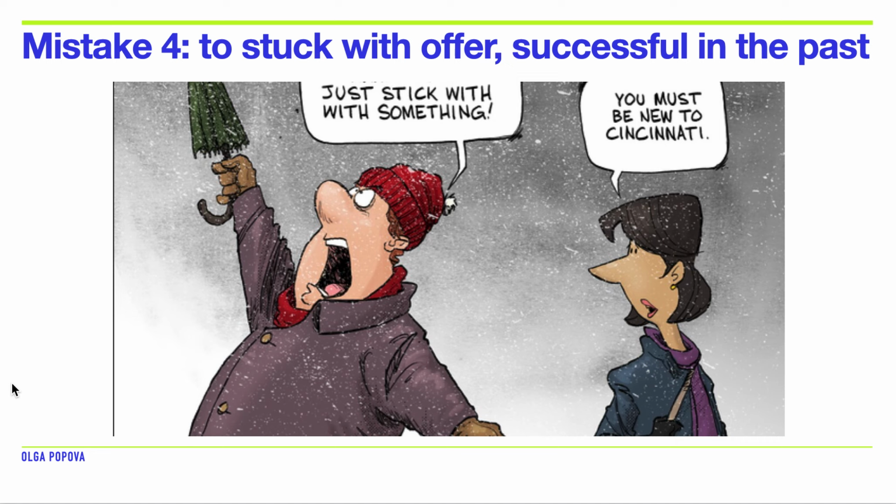The next mistake is the reverse of the previous one. Sometimes people find a very good binding. They find a very effective link between target audience and product, and after this they get stuck with this campaign, with this offer.